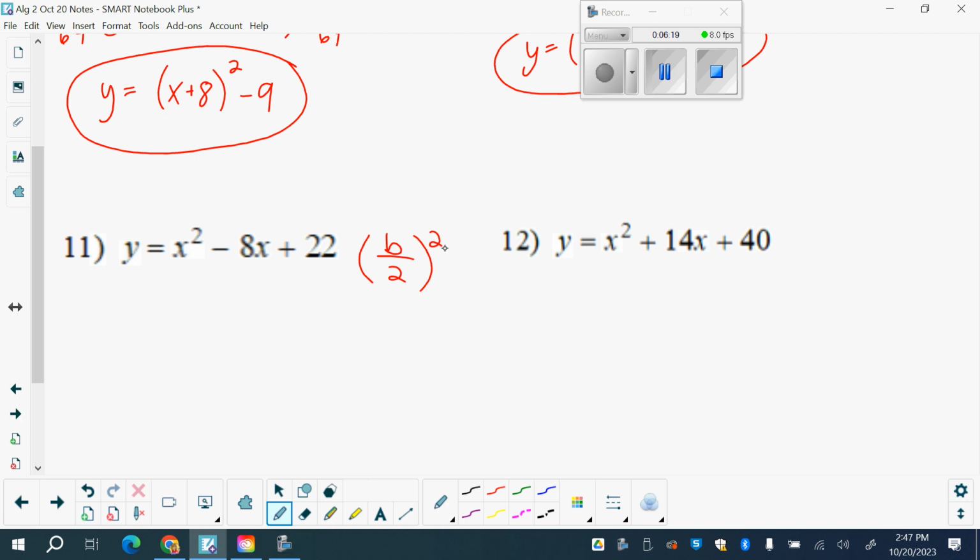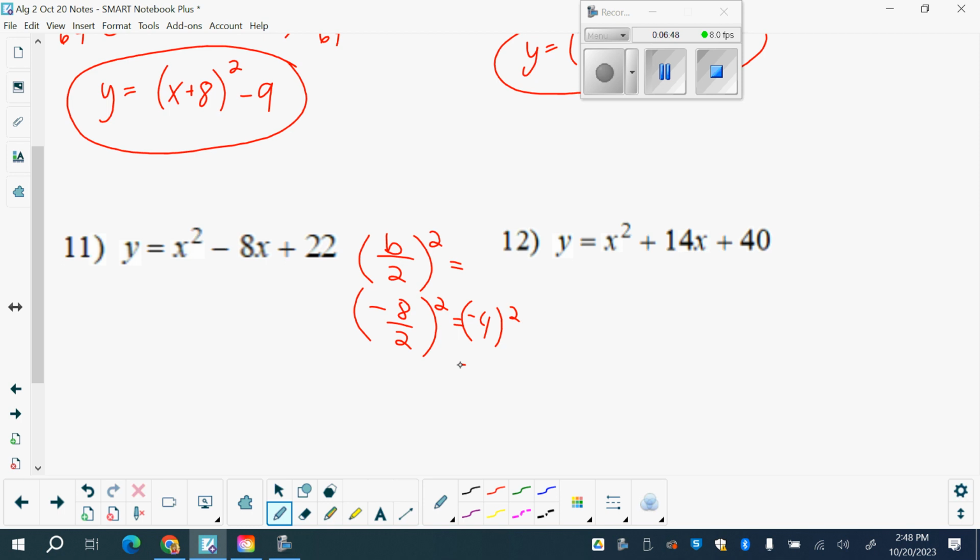So we want to take our b divided by 2 and square it. Hayden, what's our b? The b is negative 8. And what is negative 8 divided by 2 squared, Aishan? 16.